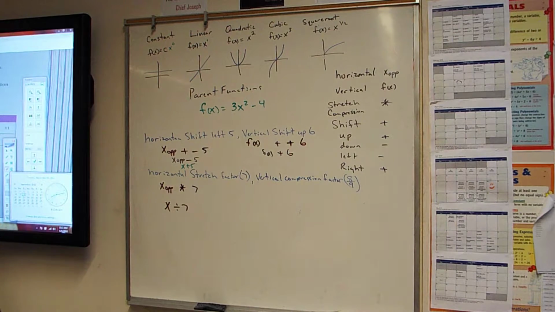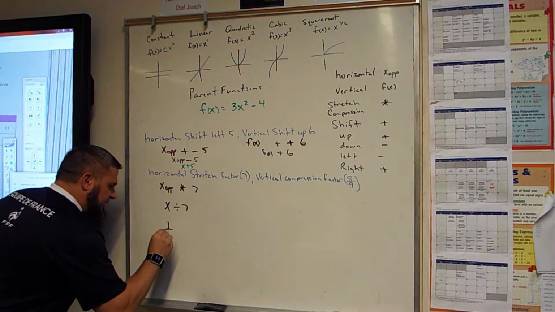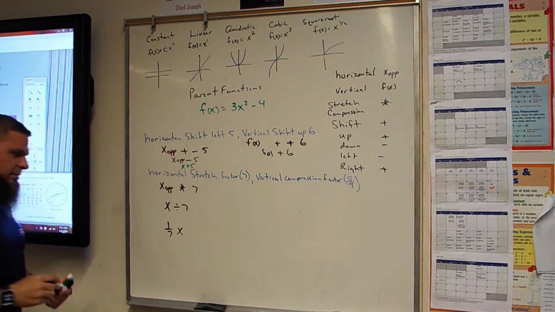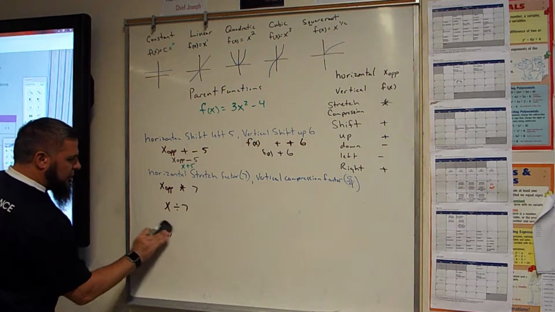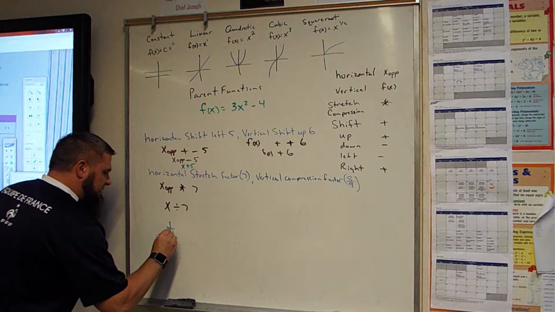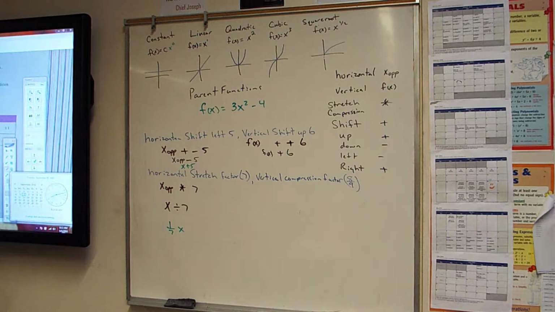But it's a lot easier if we get to 1/7 x. It's the same thing, x divided by 7 and 1/7 x. Does everyone see that? They're the same thing?